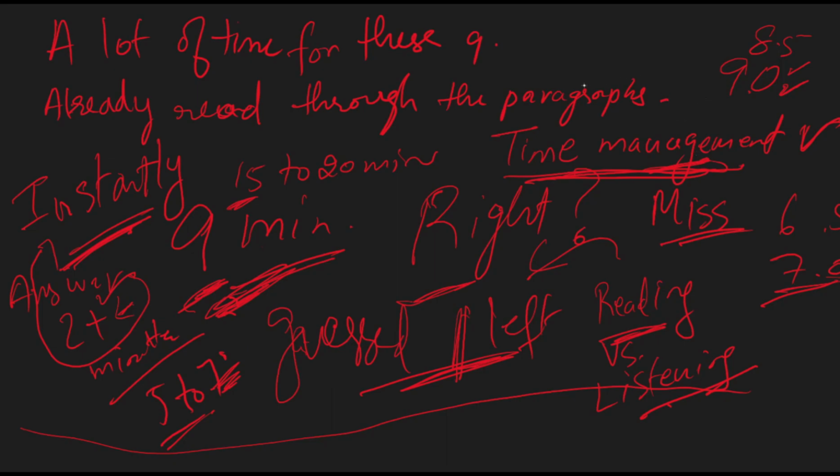So in order to get that high mark, even if you want to get 7.5, even if you're going for 7, you would still need some sort of time management, because if you miss like 5 questions, that means you're betting on the fact that you answered all the other 35 correctly. Because if you start losing marks from that 35, the band is gonna start dropping, right?